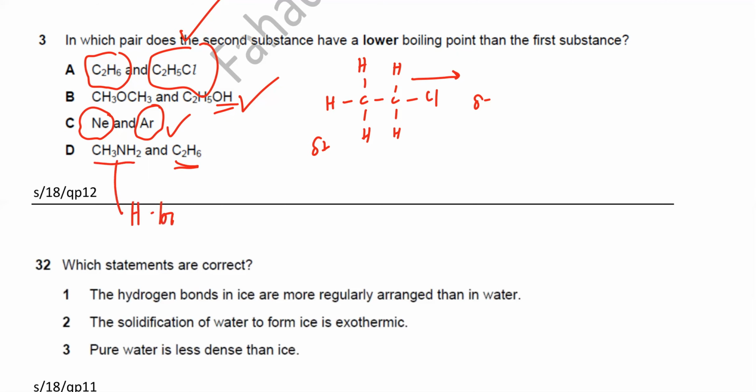Is this clear? So just remember, all of them have van der Waals forces. This one has, in addition to van der Waals forces, a permanent dipole. This one has OH, so that's hydrogen bonding, that's very strong. This one is bigger in size, so that's van der Waals forces. This one is N with H, so that's highly polar and it has strong hydrogen bonds.